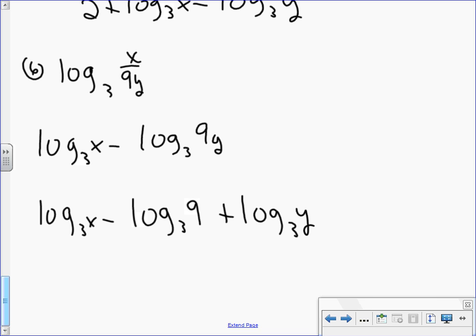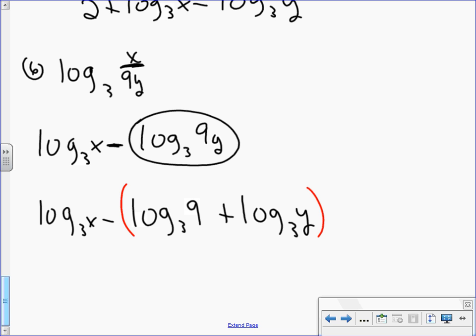Okay, look up here. These are both on the bottom. Both of them. They're on the bottom. They both are being subtracted. Everything that follows this subtraction, all of this is being subtracted. So what do I need to put here to show that all of it is being subtracted? Yeah?